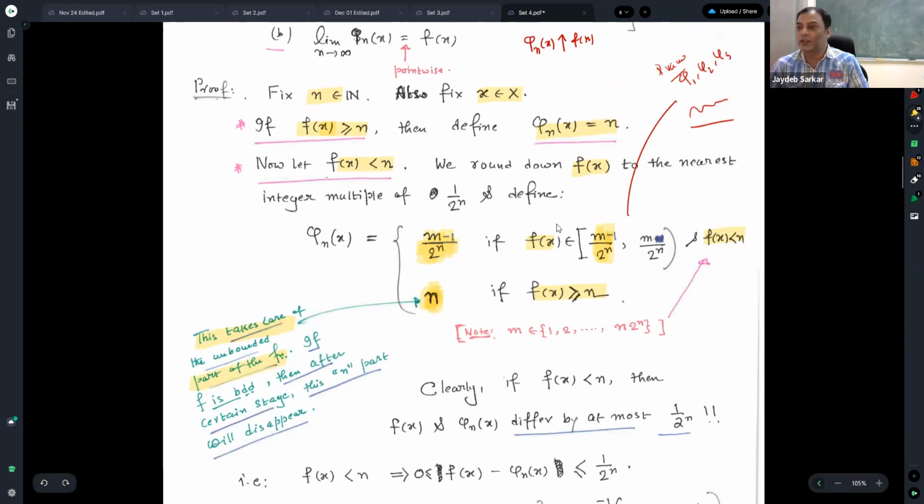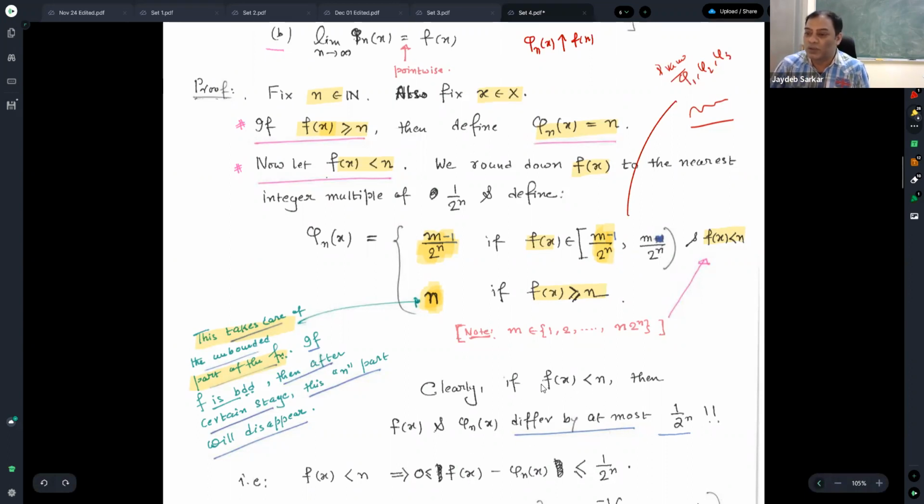No. Okay, now look at this definition. If f(x) is in the region from m minus 1 over 2 power n to m over 2 power n, then the real value of f(x) is going to be larger than or equal to m minus 1 over 2 power n, however smaller than m over 2 power n.